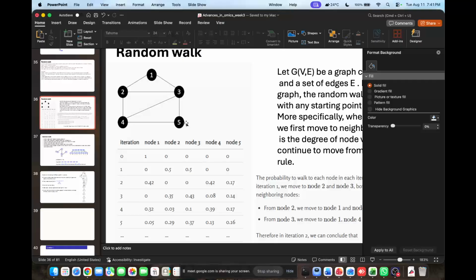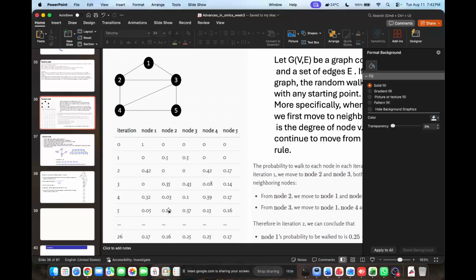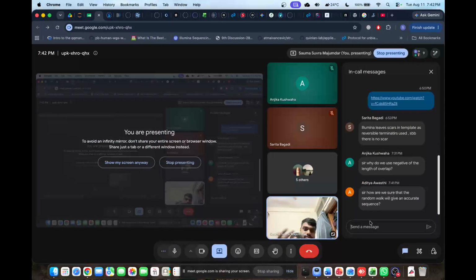So basically you calculate the probability at each step, and then you sum up the probabilities for each iteration across different paths, and the path with the highest probability will tell you the best walk. There is no guarantee that it will give you an accurate sequence. The idea is that the sequence with the highest probability with respect to the random walk will give you the best possible outcome, is what we assume.